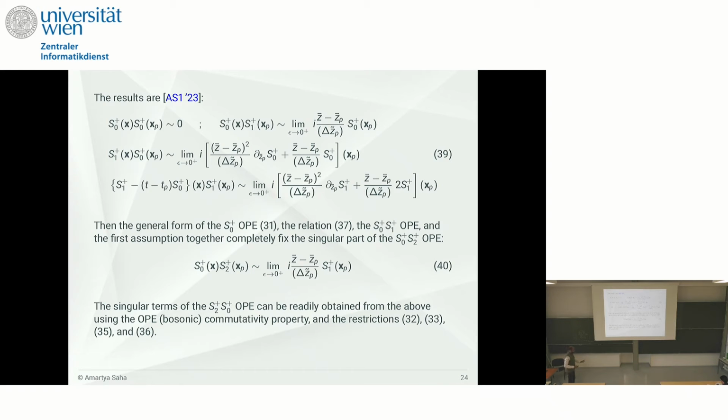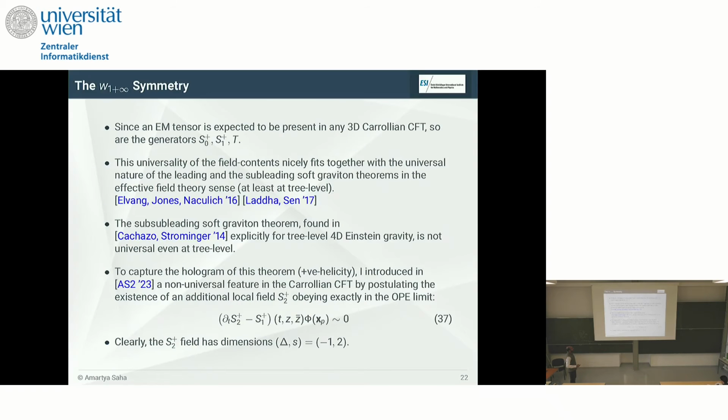We are also using the two assumptions that I mentioned. Now once we know 40, we can find the singular term of the S2 plus S0 plus OP directly by using the OP commutativity properties and the restrictions on the S1 field, restrictions like 32, 3.